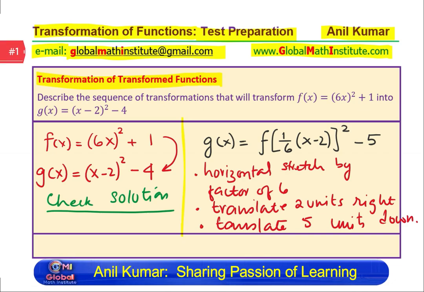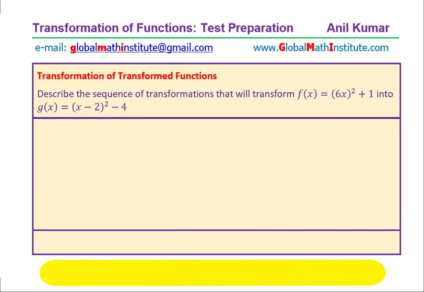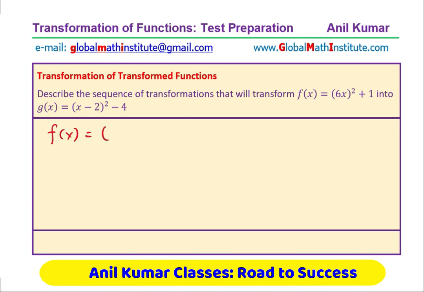And hopefully this is the right transformation. We are still not sure about it, but we'll check and then make sure. Once again, we have the function given to us as (6x) whole squared plus 1, and the transformed function is (x minus 2) whole squared minus 4.